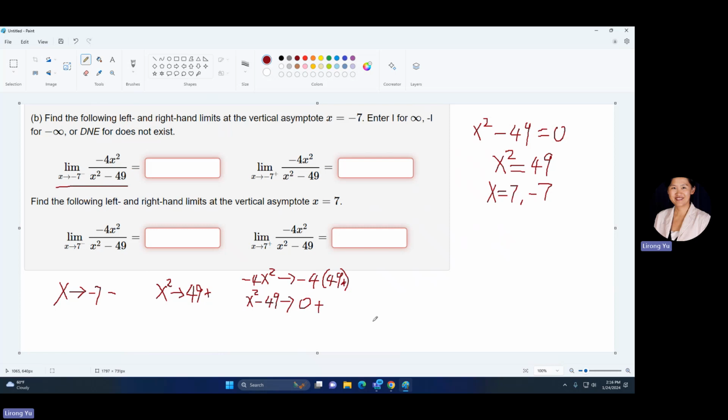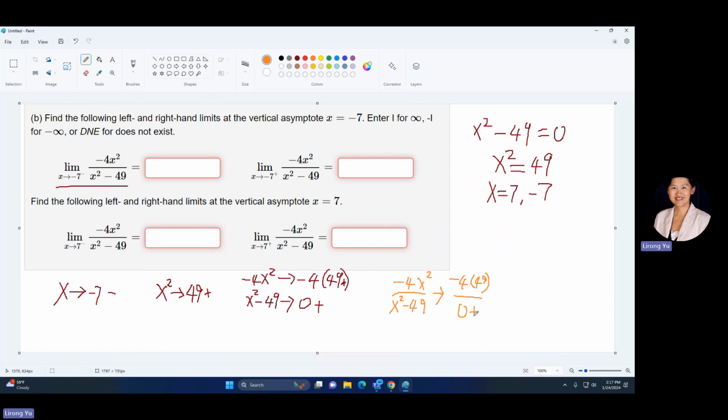But what we're going to do is division. The numerator is approaching -4 times 49, whatever, a finite number, but the denominator is approaching 0. So what happens to the entire fraction? The numerator is -4 times 49, the denominator is approaching 0 from the positive side.